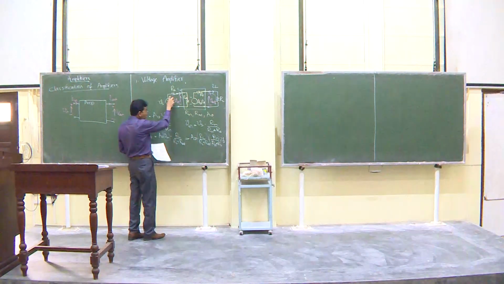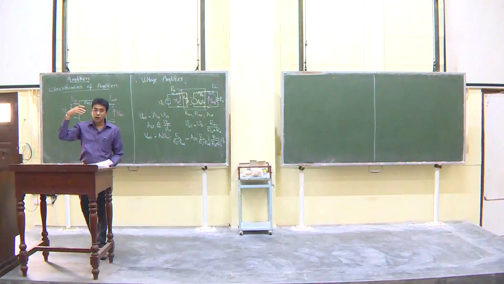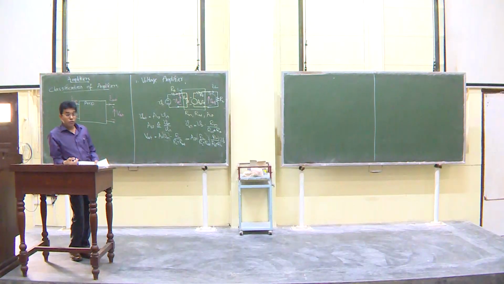But there is another voltage drop across Rs. You can't change Rs. Rs is characteristic of the source. You don't have any control over that. It can be a microphone with maybe 50 kilo ohms or 10 kilo ohms output impedance, maybe a signal generator with 50 ohms output, that you don't know.